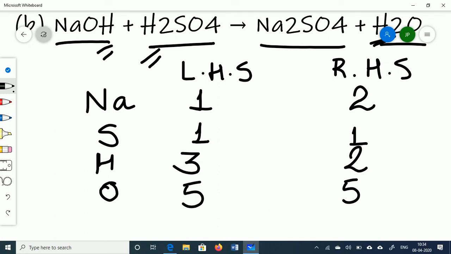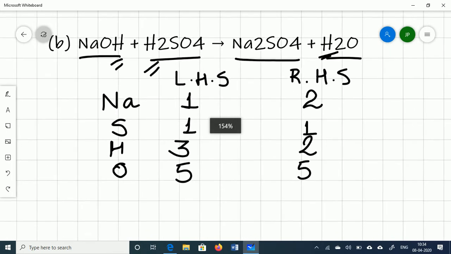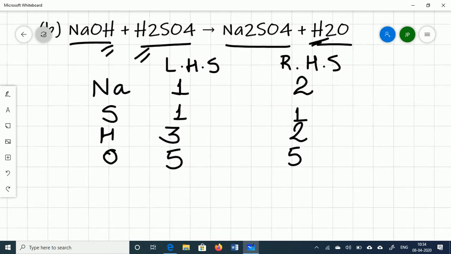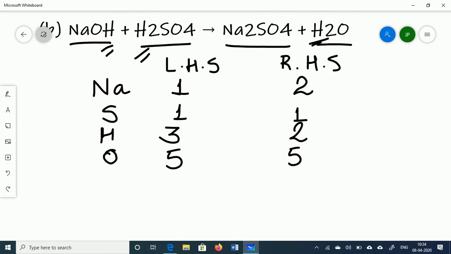So students, here the oxygen number is the same, so there is no need to balance the oxygen initially. We should start the balancing with some other element. We can start with hydrogen: on the left hand side it is 3, while on the right hand side it is 2.